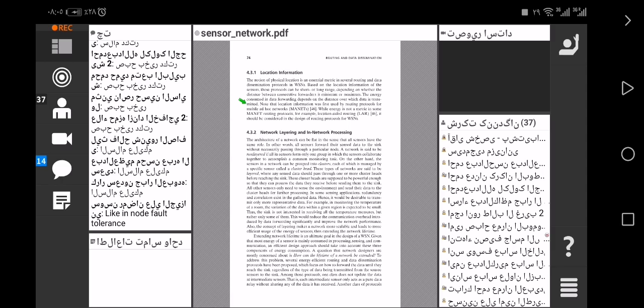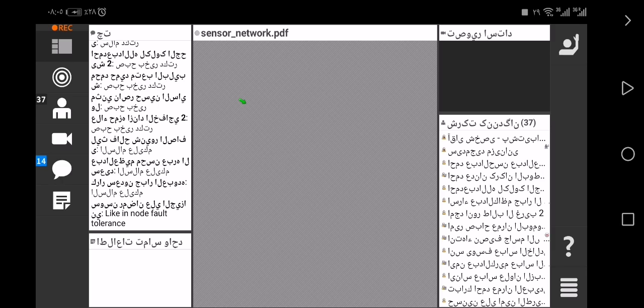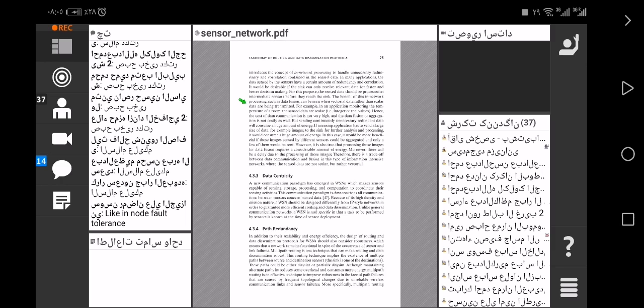Sometimes inside our network we have some special nodes that perform in-network processing, and this helps us not to send redundant and correlated data. So this is another category for routing and data dissemination protocols.